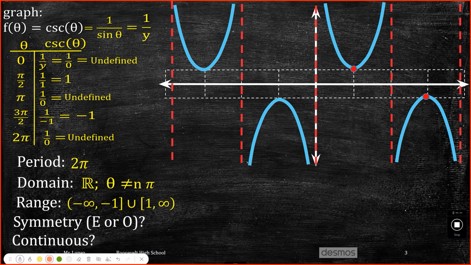Don't worry too much about this. We'll talk about this later. This is set notation. It's going to negative infinity all the way to -1, and from 1 to infinity. All right, let me talk about this.